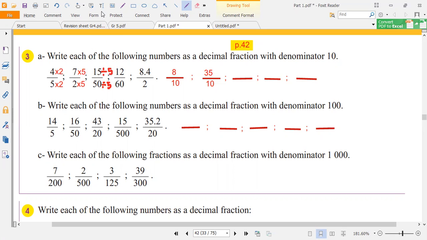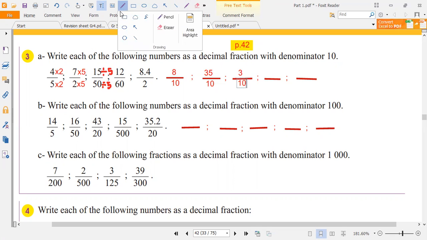15 divided by 5, 3. 50 divided by 5, 10. Now we have 12 over 60. We have to make 60 into 10. We have to divide by 6 to get 10.